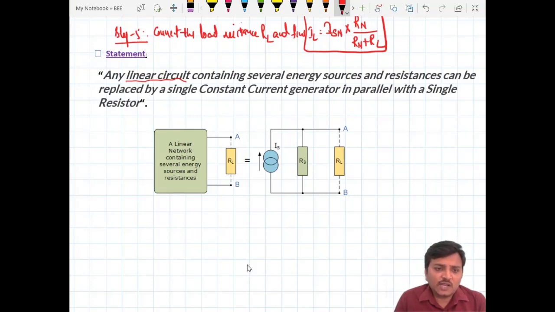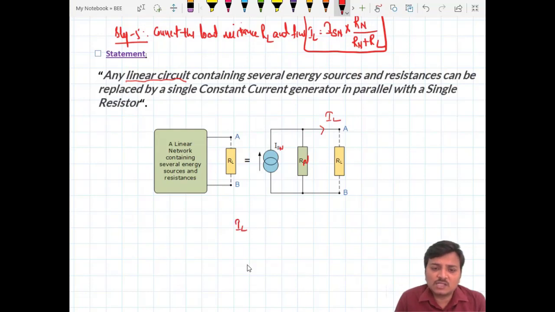So see here, any linear network containing whatever number of sources, connected to the load terminal, this complex linear network can be replaced with one current source. I can call this ISN. ISN is in parallel with RN, and now I can connect an RL, right? So I can simply find the IL value using the current division rule.